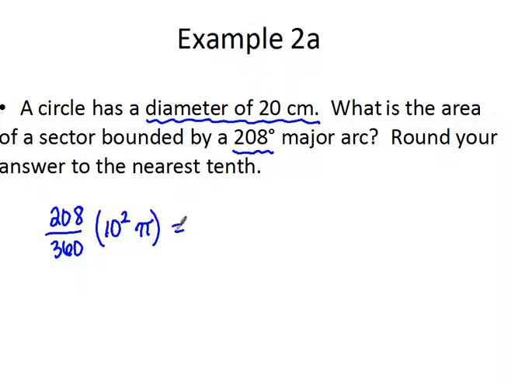Alright, we're going to type this all in our calculator. So we do 208 over 360 times 100 pi. And it says answer to the nearest tenth, so this would be 181.5 centimeters squared.